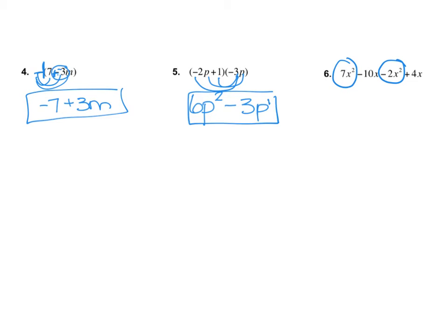So I'm going to take 7, and remember, do not forget that there's a minus right there. 7x squared minus 2x squared, I'm going to have a 5x squared. And now I have a negative 10, and I have a positive 4. Negative 10 plus 4 is going to give me a negative 6, and I can't forget my x on there. And now I cannot combine this any further, so I'm going to leave it as 5x squared minus 6x.